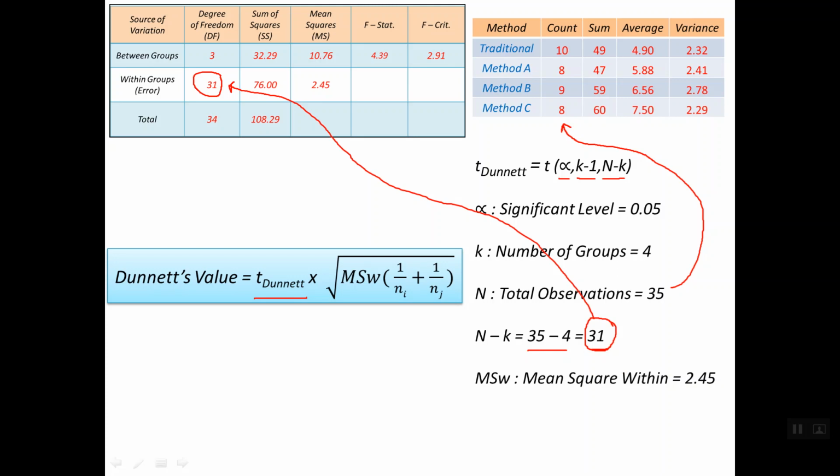And regarding the MSW inside the formula, it is the mean square within. Again, if we check the one-way ANOVA table above, it is already 2.45. Mean square within, or the mean square for the error.